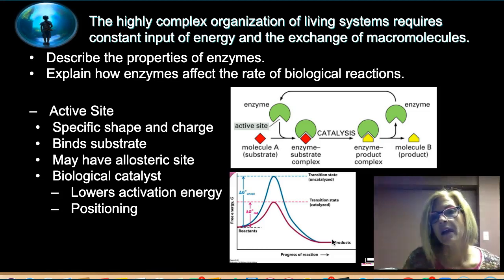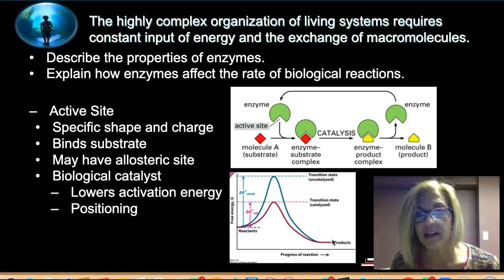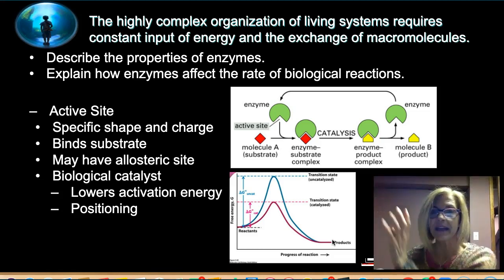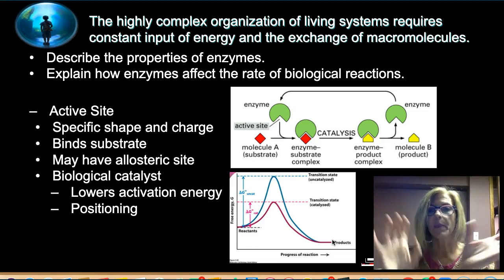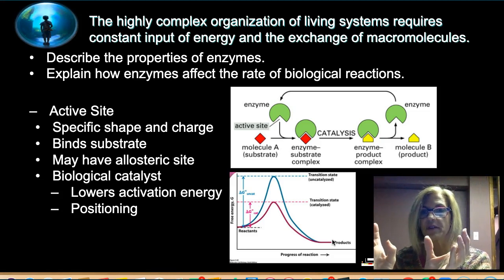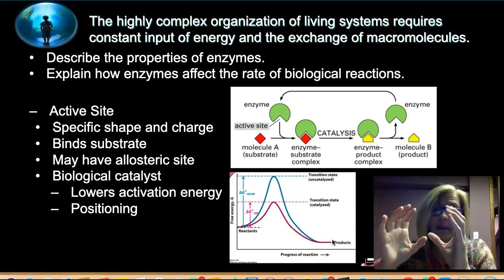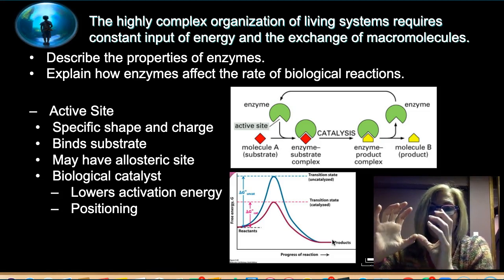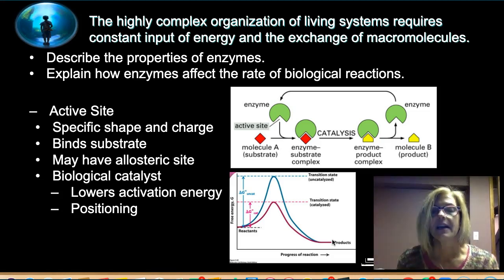If you're doing an anabolic or synthesis reaction, you have two molecules that may or may not come into contact with each other. But if there's an enzyme that holds the two of them in place, and then they have that conformational change that enhances it, it puts those two in proper orientation to create that bond. And so that's going to lower the activation energy.